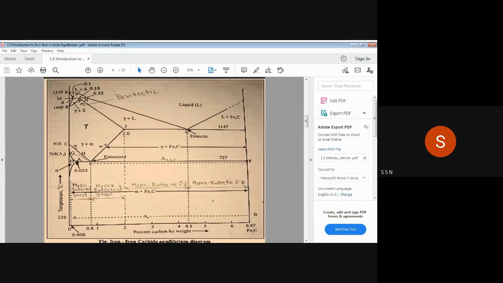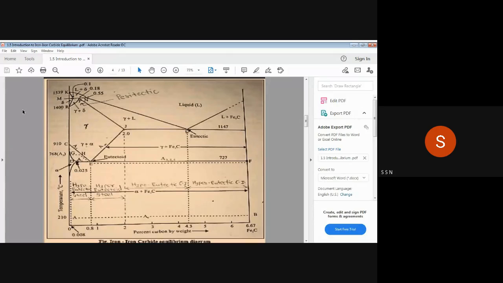As temperature changes, there is a change in phase. As the percentage of carbon inside that iron carbide changes, again there will be a change in phase. Those things we are studying, and that is nothing but the iron carbide equilibrium diagram.